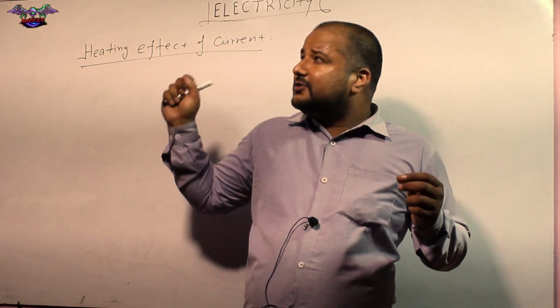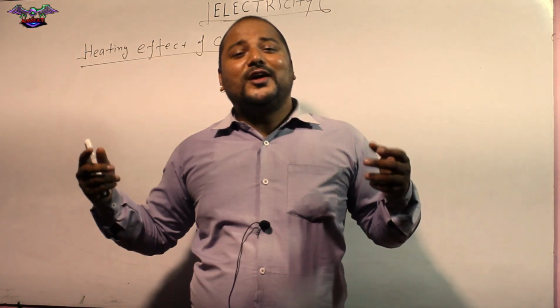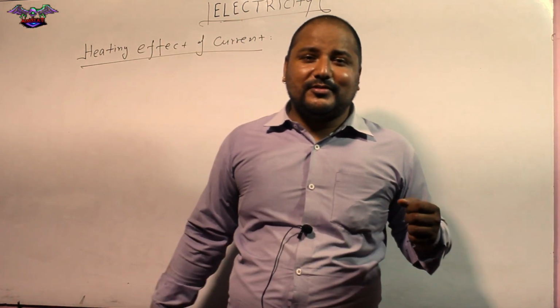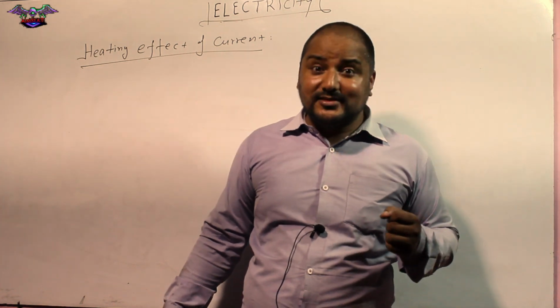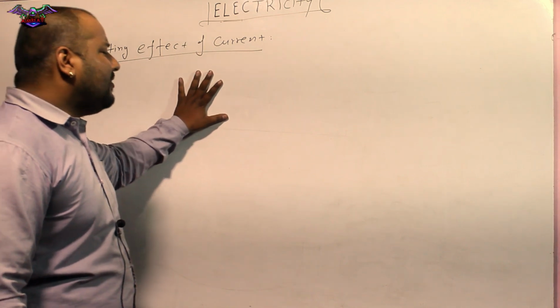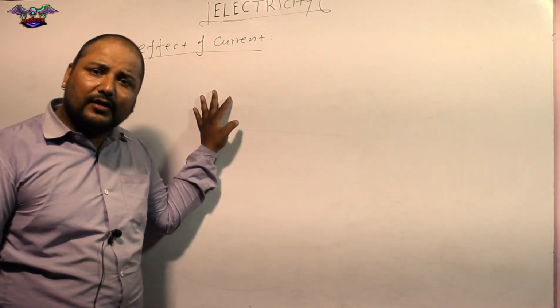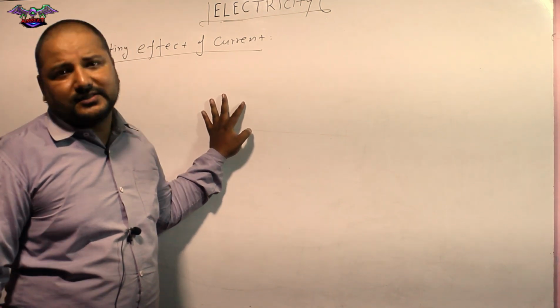When so large a current is flowing in the wires, then the wires will also heat up and burn out. Many times you observe short circuits, right? So that is the heating effect of current. How the heating in the wires happens, this we discuss now.